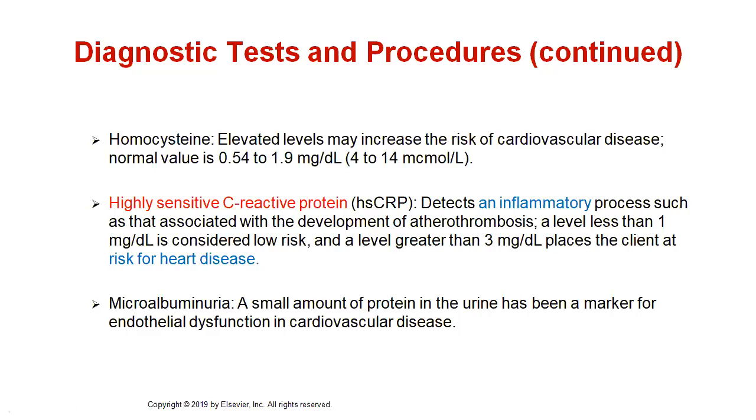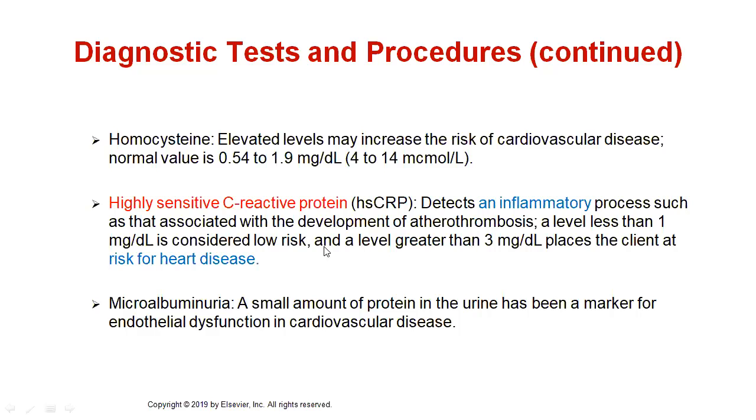If the C-reactive protein is elevated, it increases the risk of inflammatory heart disease. So here we go. If the C-reactive protein level is less than 1 milligram per DL, it is considered low risk. If the level is greater than 3 milligram per DL, the patient is at risk of heart disease.